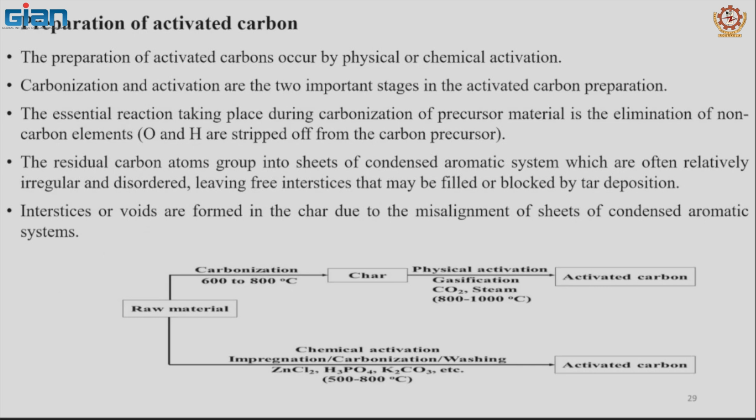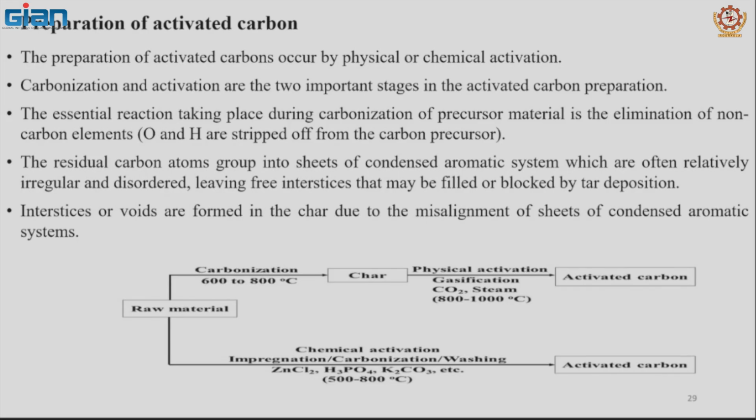Oxygen and hydrogen are stripped off from the carbon precursor. Sometimes the presence of oxygen and hydrogen is also good, because the functional groups on the activated carbon help in the adsorption of some specific chemicals.